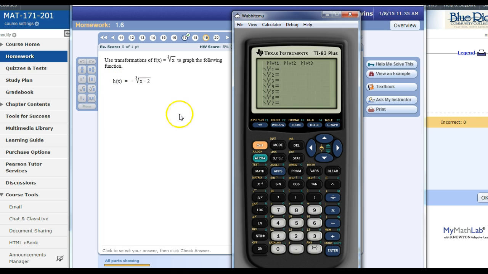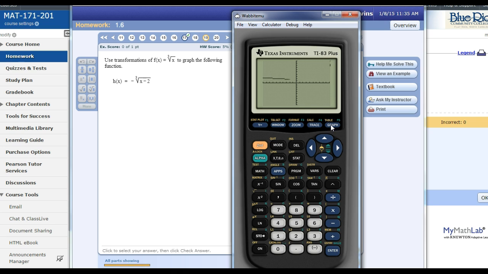So h of x equals is the same thing as y equals. So I just click the y equals button. It's a negative, so I'll click this for negatives. This is subtraction. Cube root, I can find that under math. Option 4, there's cube root of x minus 2. Alright, close my parentheses, hit graph.